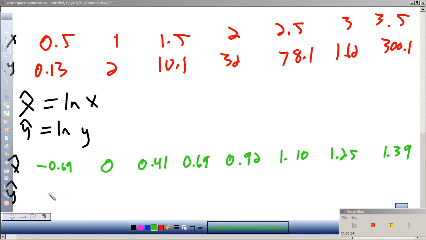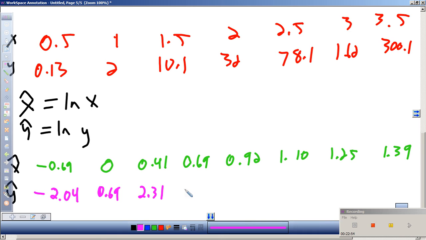So natural log of 0.13. Okay, natural log of 2: 0.69. Natural log of 10.1. Natural log of 32.